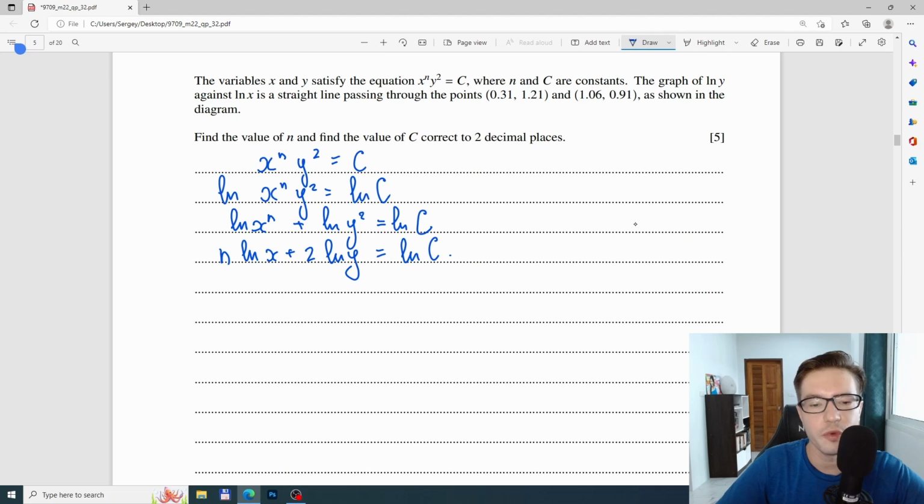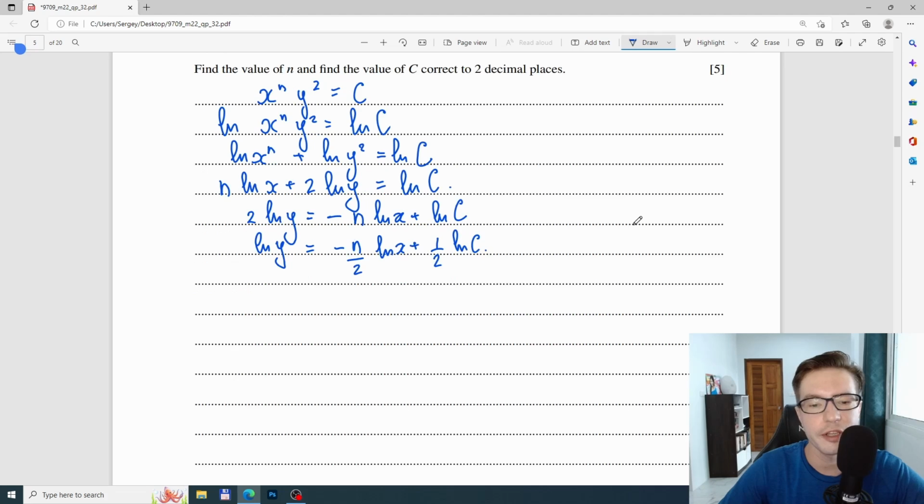Okay, and then I'm going to move n log x to the right side. We'll get 2 log y equals minus n natural log x plus log c. And then finally, I'm going to divide by 2 to get minus n over 2 natural log x plus 1 over 2 log c.